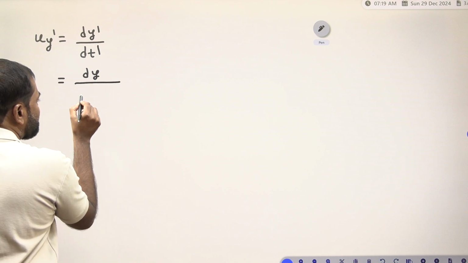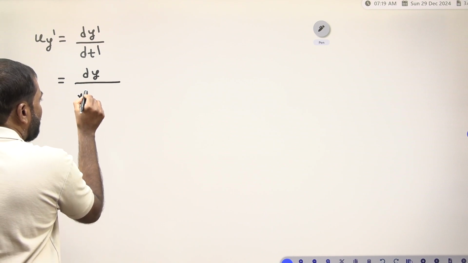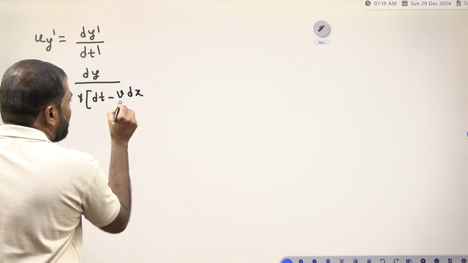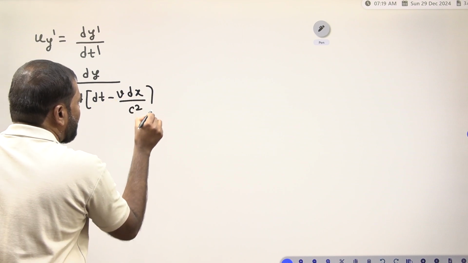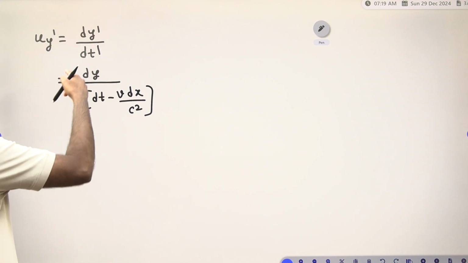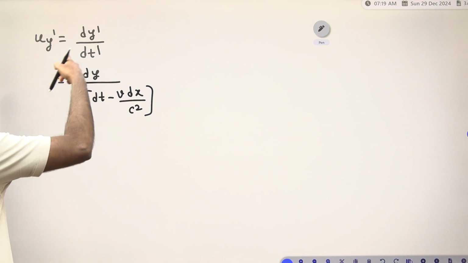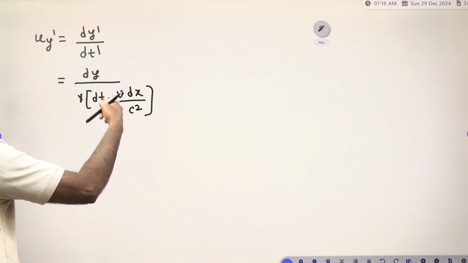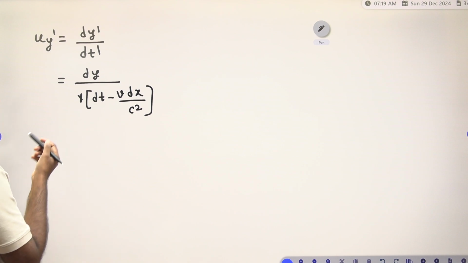And dt dash is equal to gamma into dt minus v into dx divided by c square, correct? Now I am substituting: dy dash is equal to dy, dt dash is equal to gamma into dt minus v dx divided by c square.